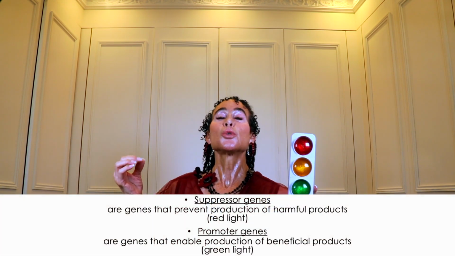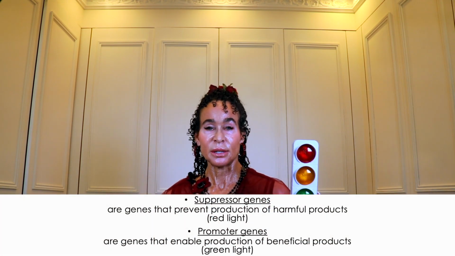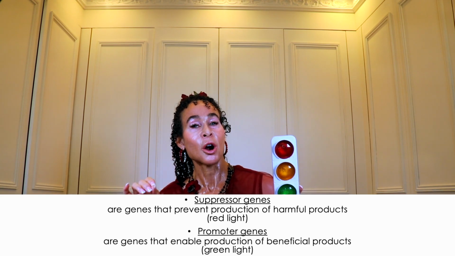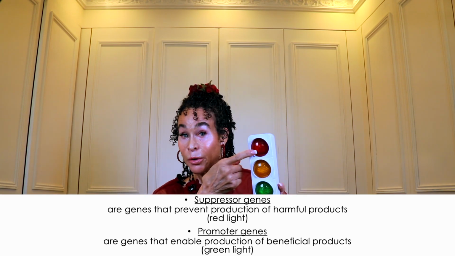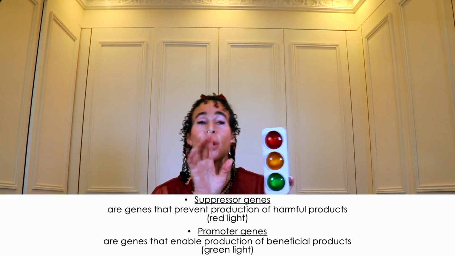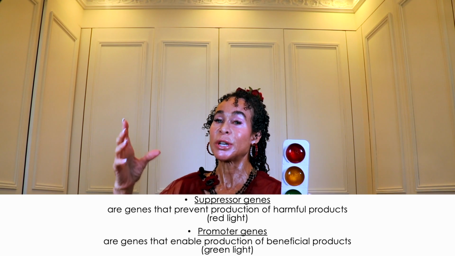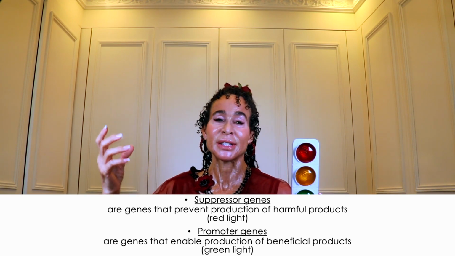Well, in oncology, there are more sophisticated terms for these stop and go signals. Suppressor genes are genes that prevent production of harmful products. They're the red light. Promoter genes are genes that enable production of beneficial products.